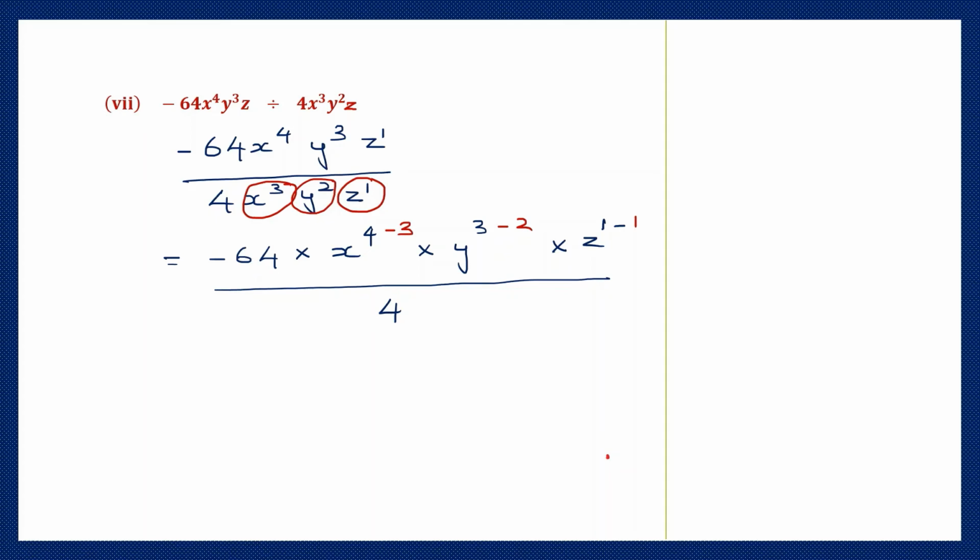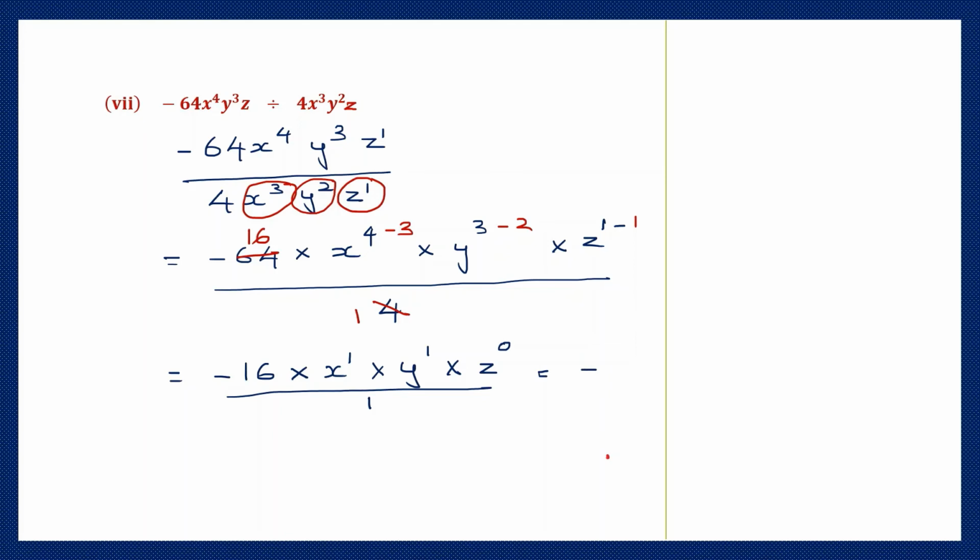Now 4 into what is 64? 4 into 16. 16 fours are 64. So 4 ones are 4 and 4 into 16. So let's write this now. Minus 16 into x to the power of 4 minus 3 is 1 into y to the power of 3 minus 2 is 1 into z to the power of 1 minus 1 is 0 and all this by 1.